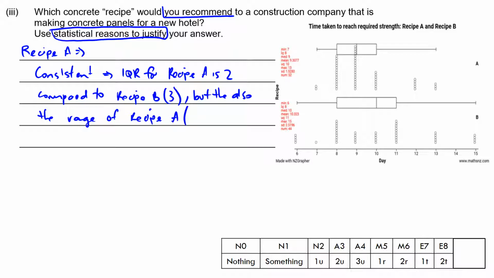Recipe A's range is 6 compared to 9 for recipe B. So they're more consistent because of the range.